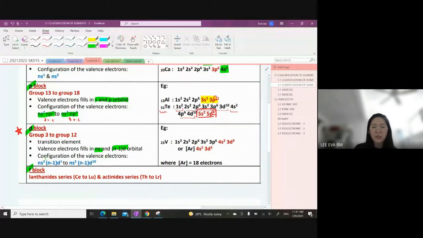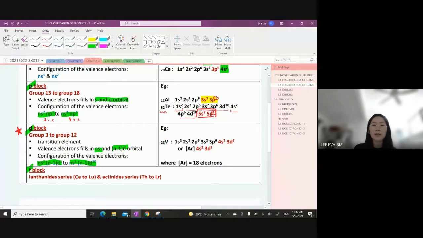So the valence electronic configurations come from ns1 (n-1)d1 to ns2 (n-1)d10, so from 3 valence electrons until 12 valence electrons, which are involved in both of these subshells.